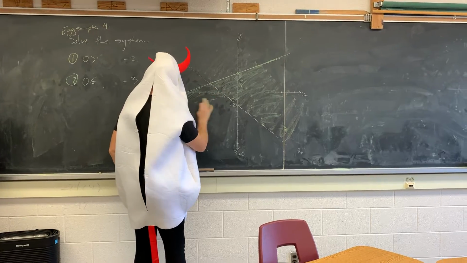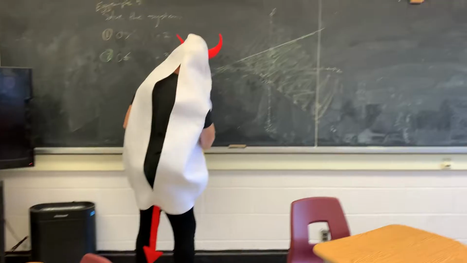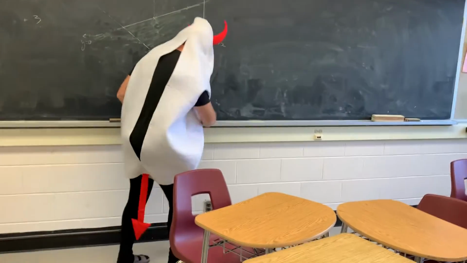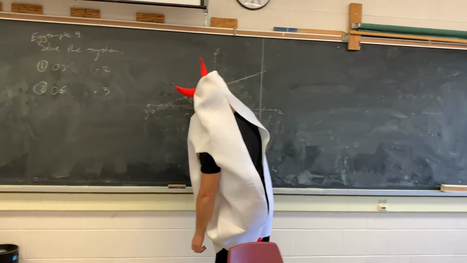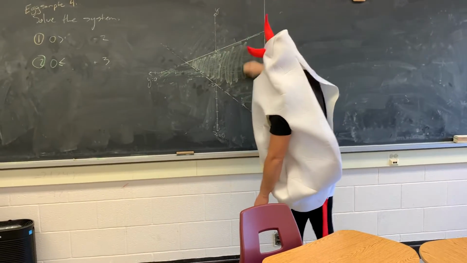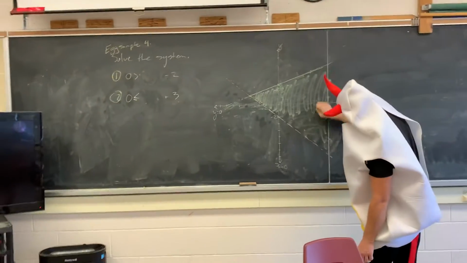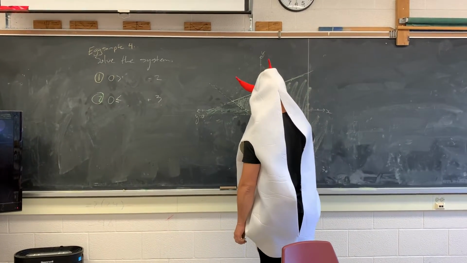So I can get rid of the rest of my shading and really firm up. Where'd my yellow chalk go? Sorry, it's tough to see in this. I don't have any yellow. It's no yolk. And so this entire region of our graph is the solution.